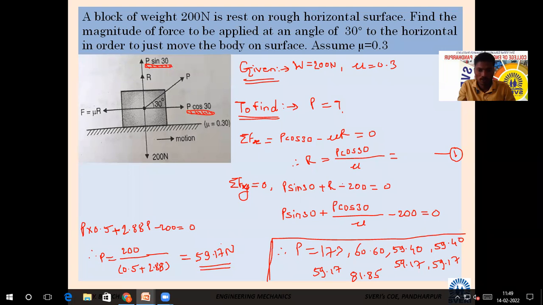Actually, someone was saying syntax error or maybe scientific error. So you should be very careful while putting the values in the calculator. Now if you want to do this division, you want to go for 200 divided by, in brackets, 0.5 plus 2.88.